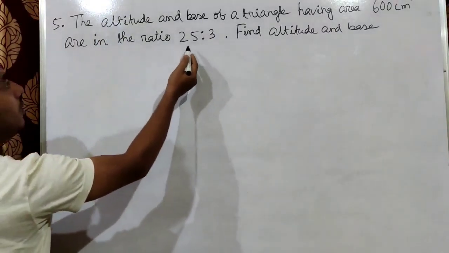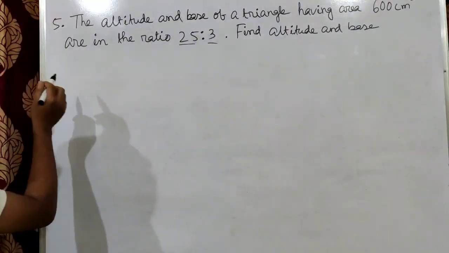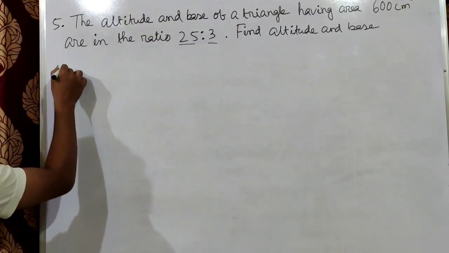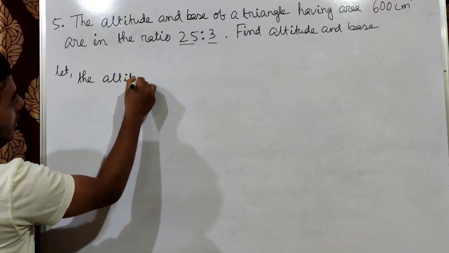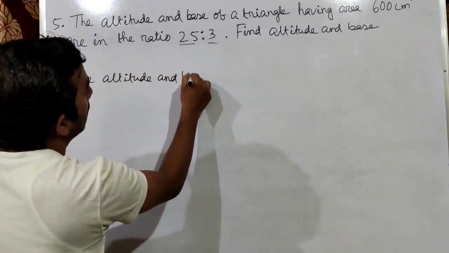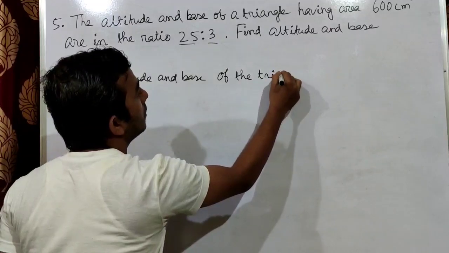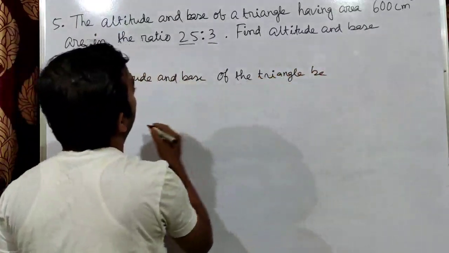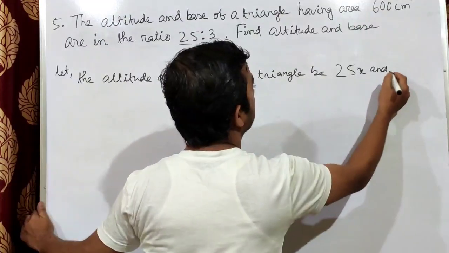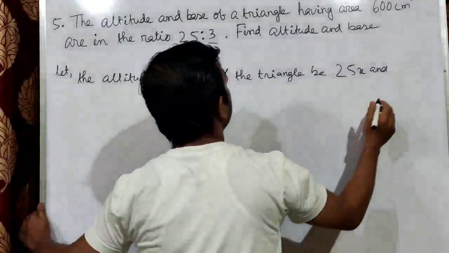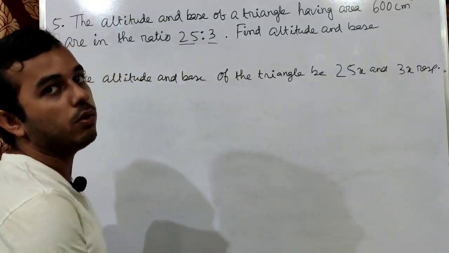Oh sorry, altitude will be 25x and base will be 3x, since the altitude comes first in the ratio and the base second. So first of all we will write: let the altitude and base of the triangle be 25x and 3x respectively. Respectively means the earlier one gets the earlier value.